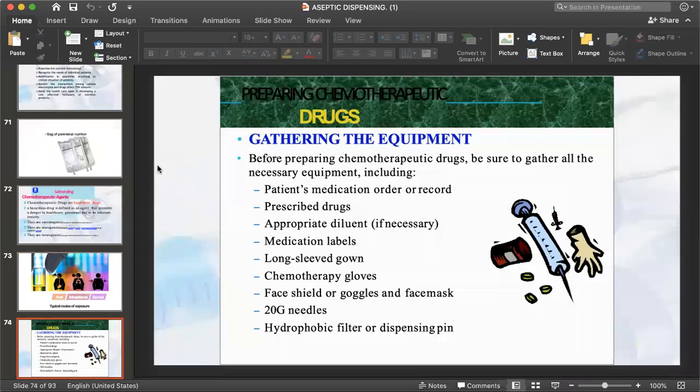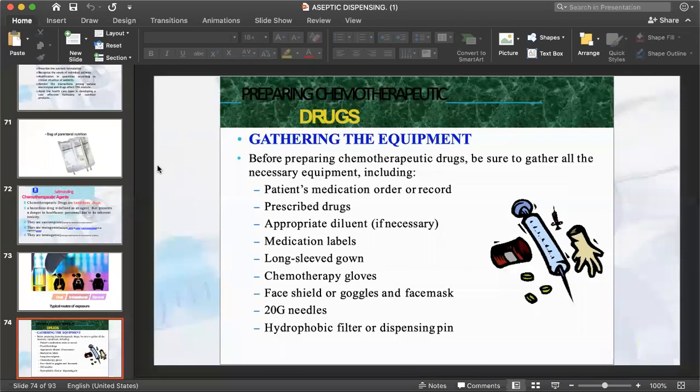Now, before preparing chemotherapy drugs, what do you need? You need the patient medication order or record, prescribed drugs, and the regimen. Mostly in cancer patients, the regimen and the cycle of drugs has to be given.